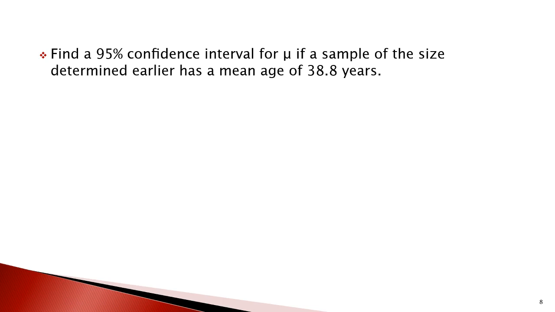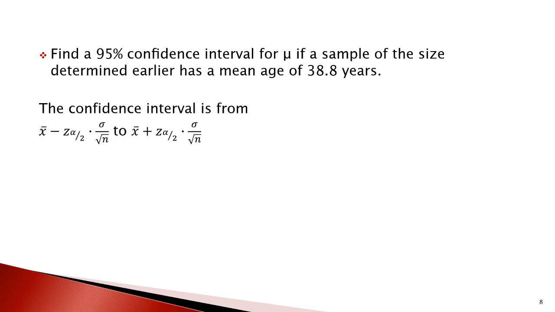The next problem is to determine a 95% confidence interval for mu with the sample size which we have found just now. The sample size that we found is 2250. You should be very familiar with calculating the CI using this formula. We just need to plug in the values, right? We already did this.